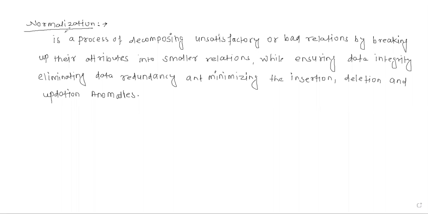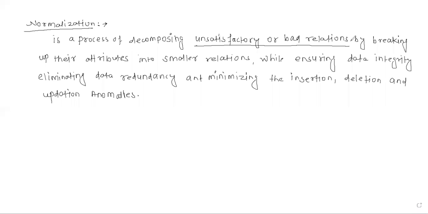This is the definition of normalization. So what exactly are we going to do in normalization? First of all, we have to understand some terminology. The term we are using is unsatisfactory or bad relation. What is the meaning of unsatisfactory or bad relation? A relation, you know, is a table. A table consists of rows and columns.